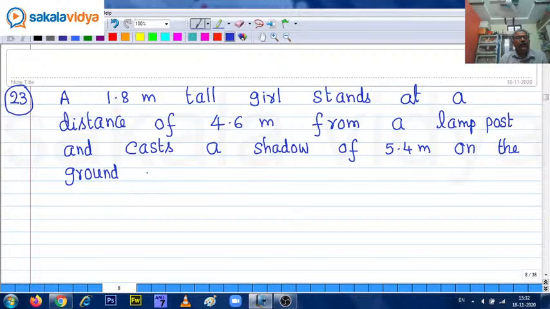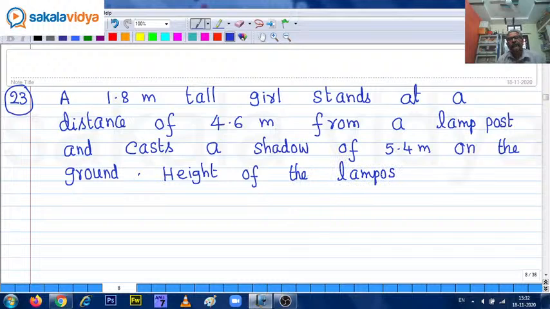Height of the lamp post is, this is the question.